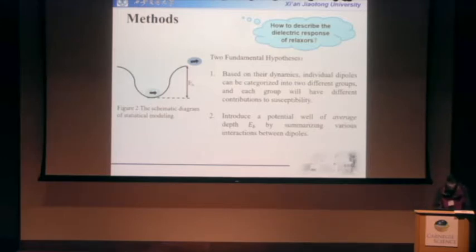Each group will have different contributions to the total susceptibilities. And number two, we introduce a potential well of average depth EB by assuming various interactions between dipoles. This interaction can include short-range interaction, long-range interaction, elastic interaction, and so on.